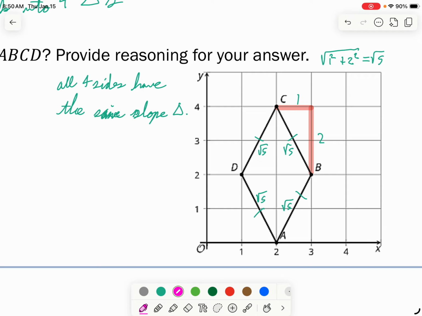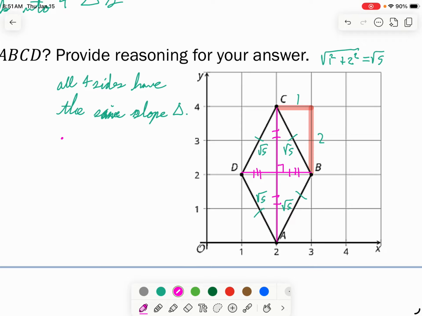Let's take a look at the diagonals. Here's a diagonal. Here's a diagonal. Wait a second. Those diagonals are perpendicular. One is horizontal, one is vertical. But they also break each other into pieces. Those are the same length, and these are the same length. So the diagonals bisect each other. Oh, diagonals bisecting each other imply that it's a parallelogram.